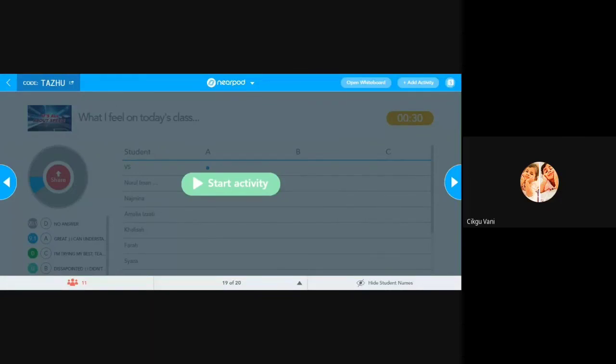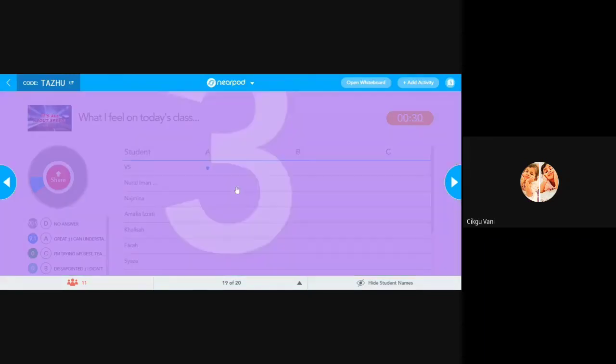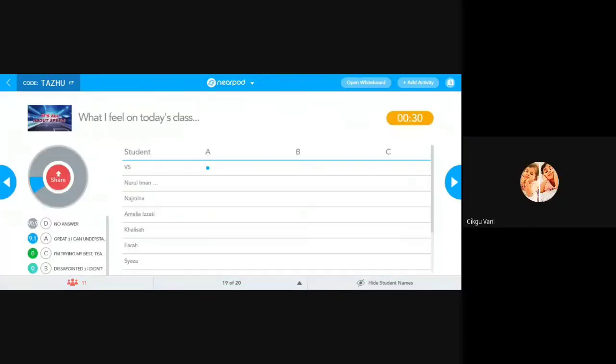B, disappointed, I didn't get anything on this lesson. C, I am trying my best, teacher, but slowly trying to catch up. D, no answer, question mark. Are you ready? Answer quickly. Start. 3, 2, 1. Go. Please answer. A or B or C? Don't answer D, there's no answer.